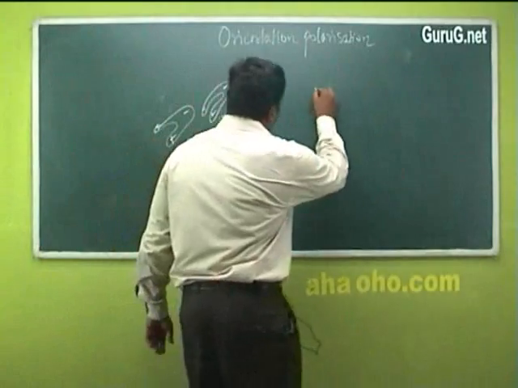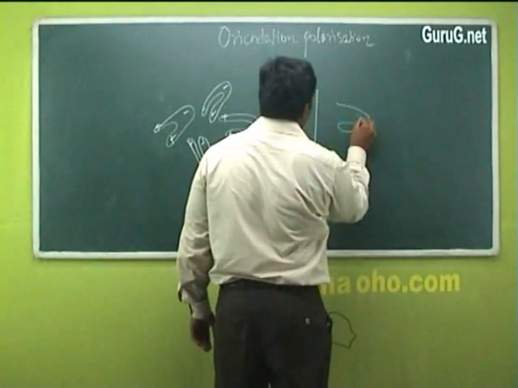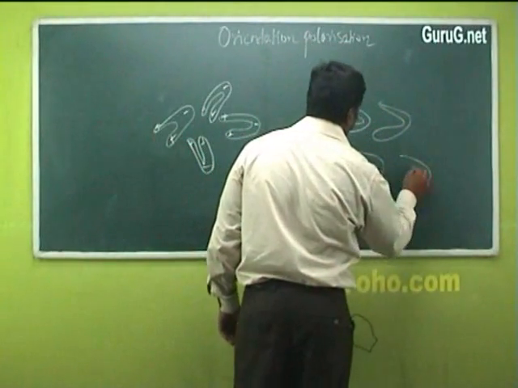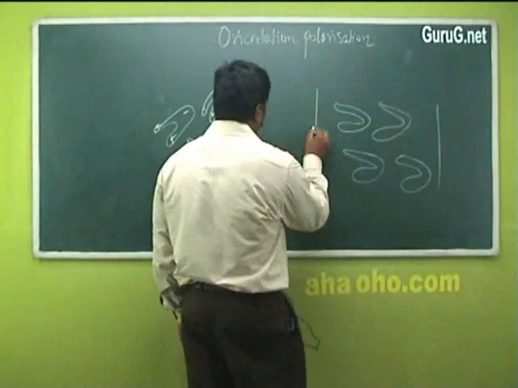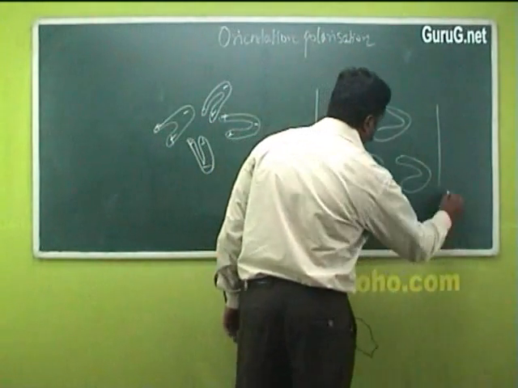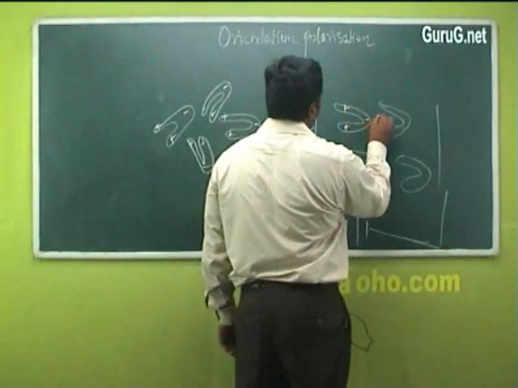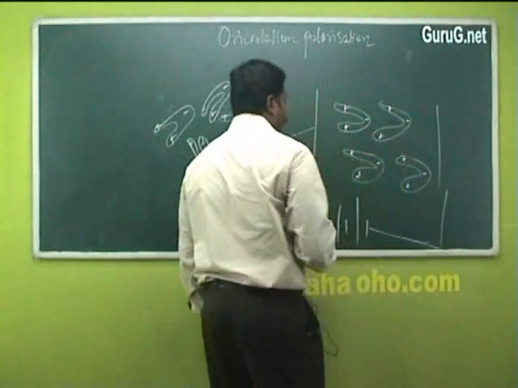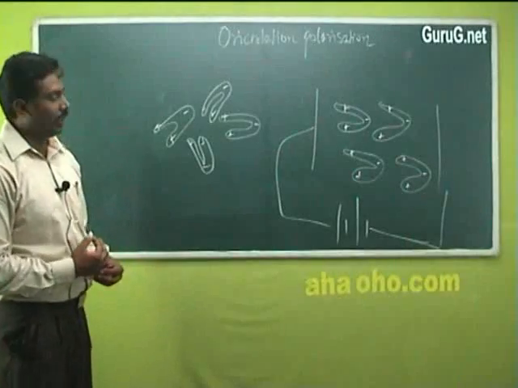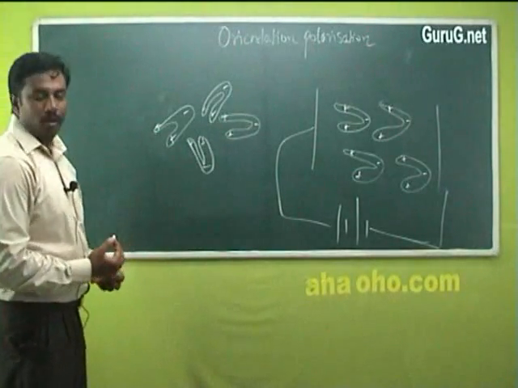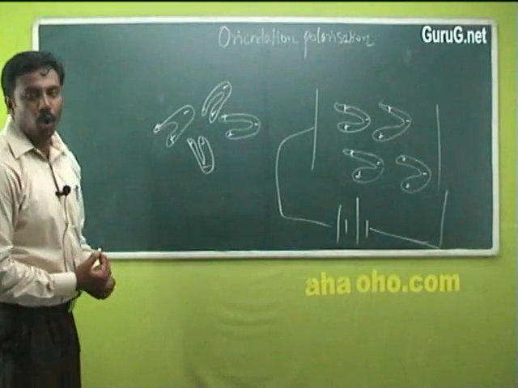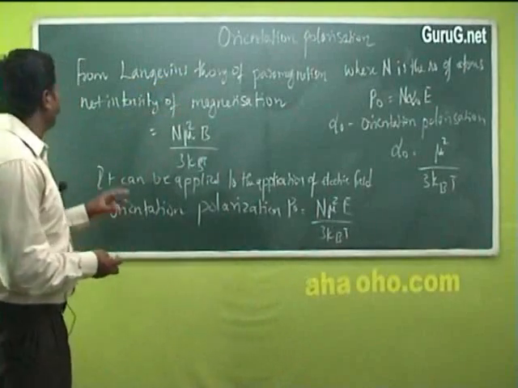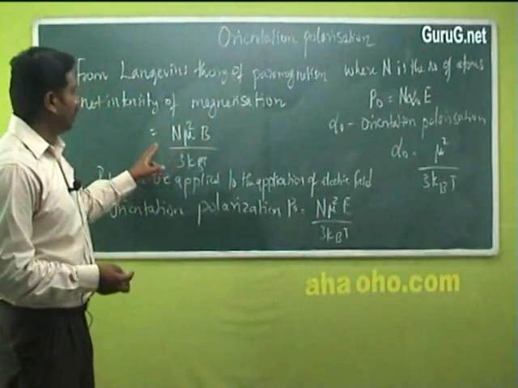Now on the application of the electric field, all these polar molecules align along the direction of the applied electric field. This type of polarization takes place only in polar molecules, and this type of polarization is called orientation polarization.